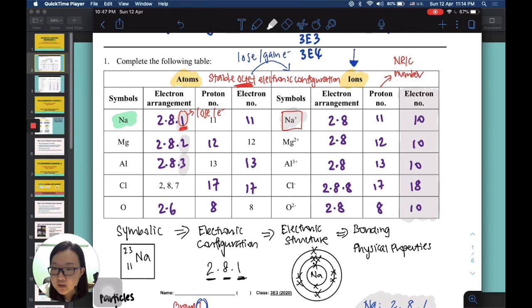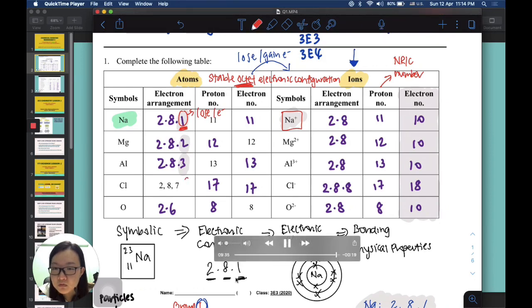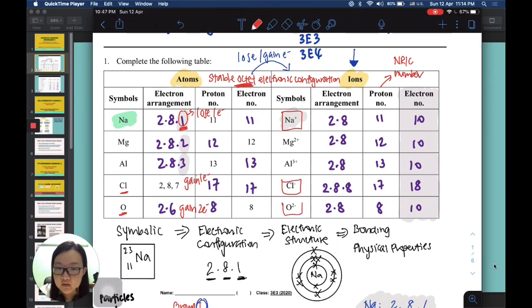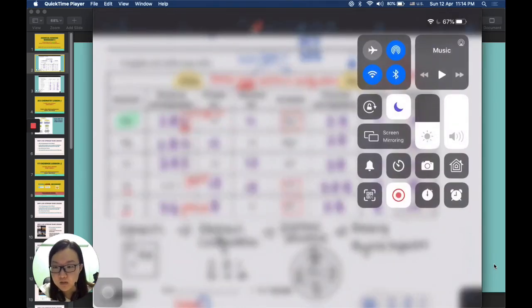So for instance, sodium, magnesium, and aluminium have valence electrons that they want to lose, whereas the non-metals will gain electrons in order to achieve a stable octet. So for instance, chlorine becoming chloride, oxygen becoming oxide.